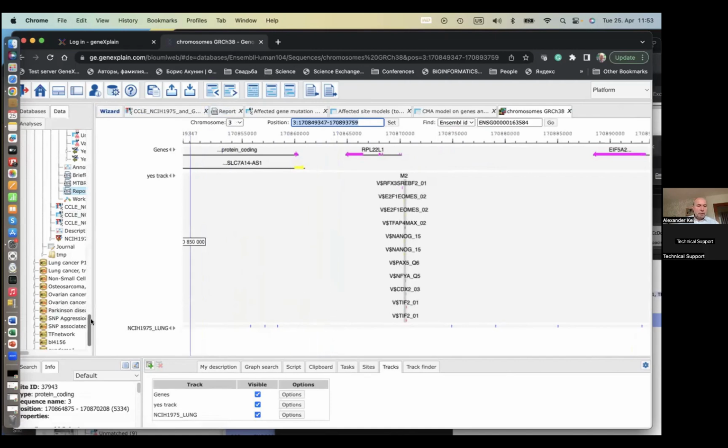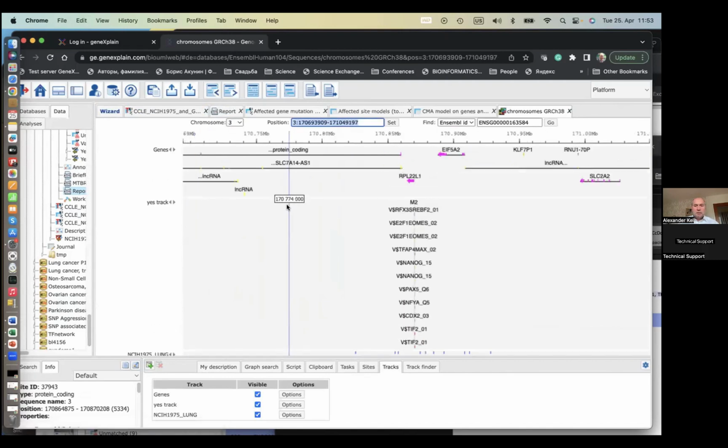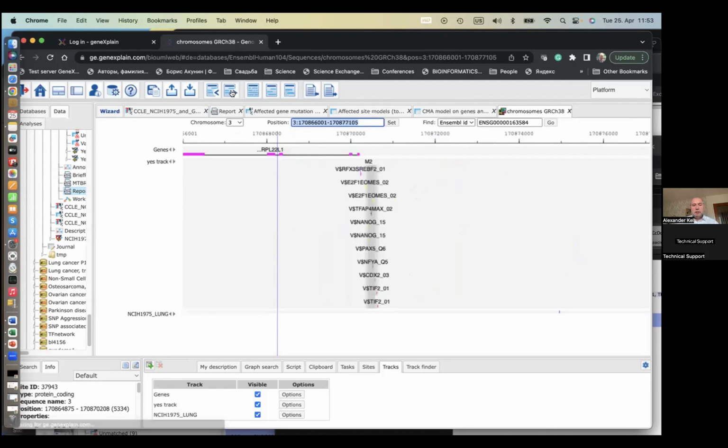All right, so let me see. That's not the gene which I wanted, but just to demonstrate to you, this gene was also important, though it's less interesting because here we see that the mutations are a bit far from that promoter.